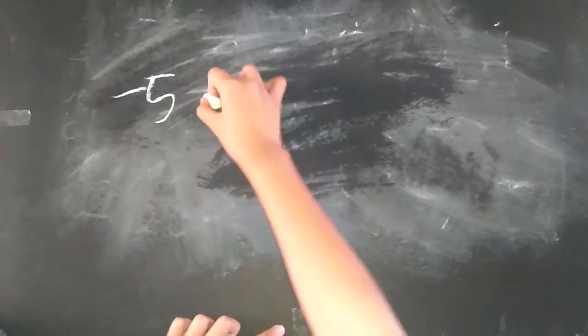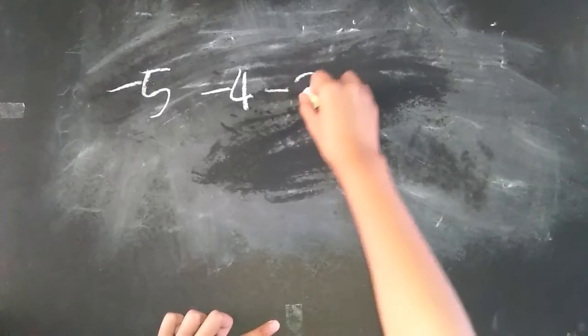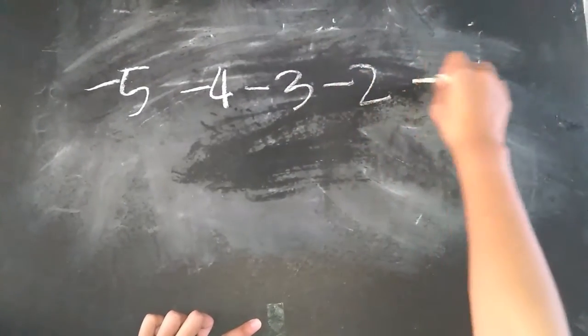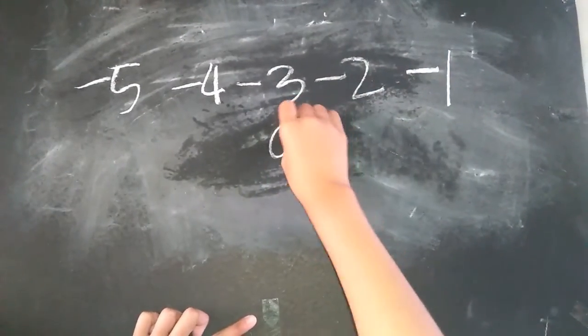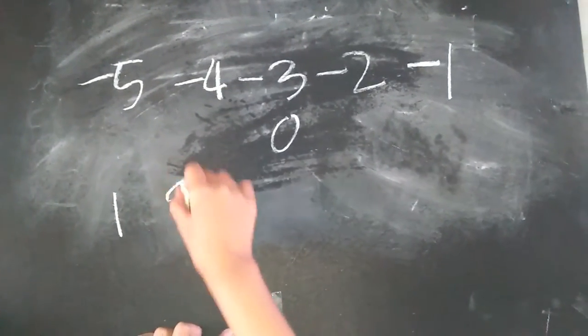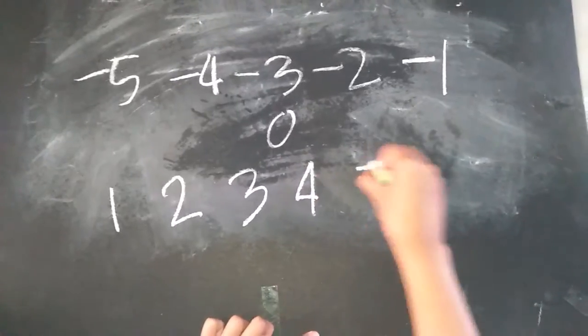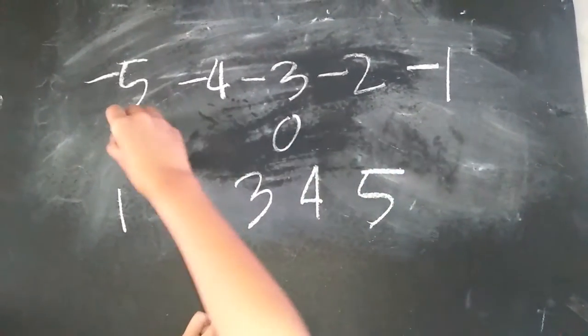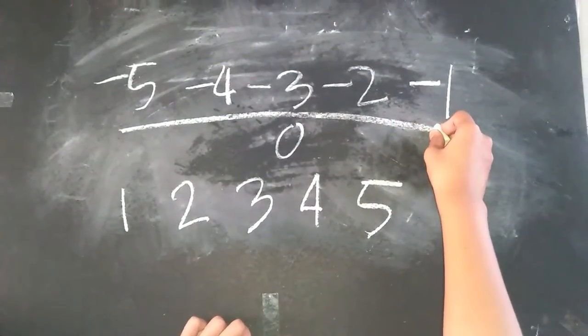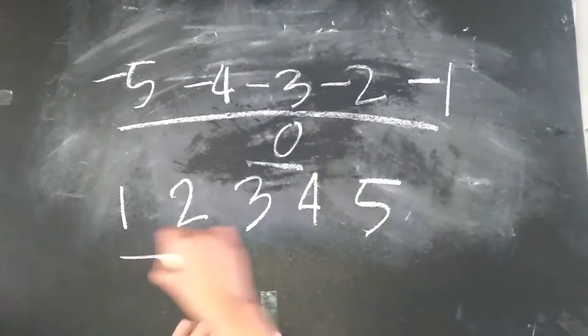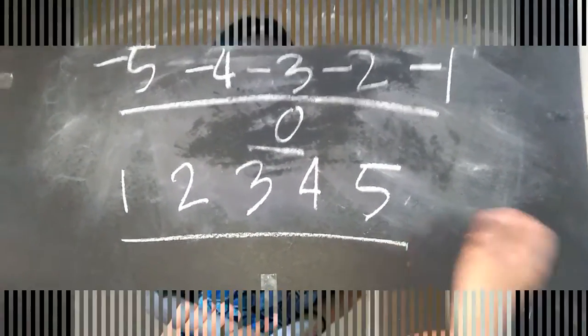For examples of integers, we have -5, -4, -3, -2, -1, 0, +1, +2, +3, +4, and +5. So these are the negative counting numbers, the 0, and the positive counting numbers.